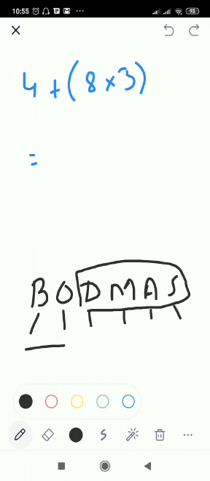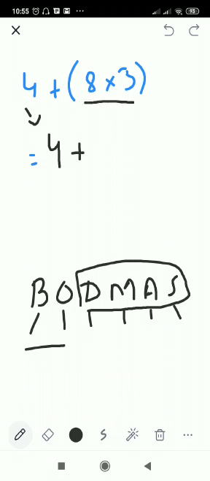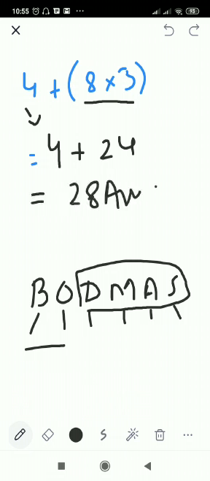So here we have to first solve the bracket. Bring down 4 as it is, write down plus, and then we solve this bracket. 8 times 3 is 24, then we add 4 plus 24, which is 28, your answer. This is the correct way of doing this question.